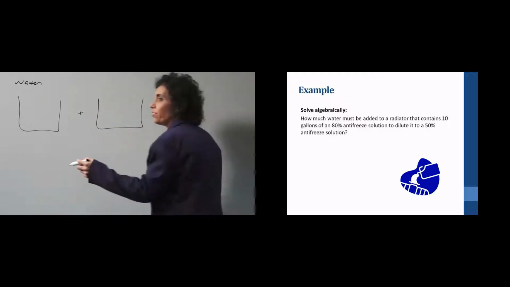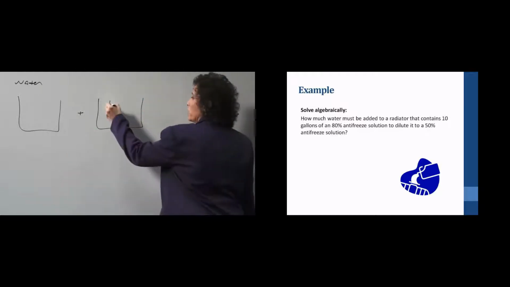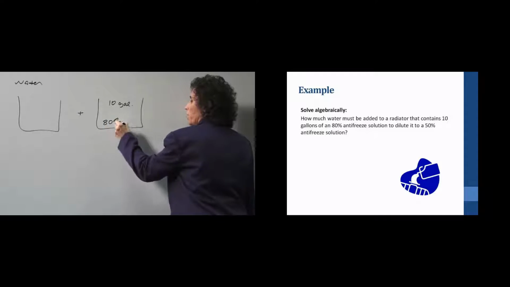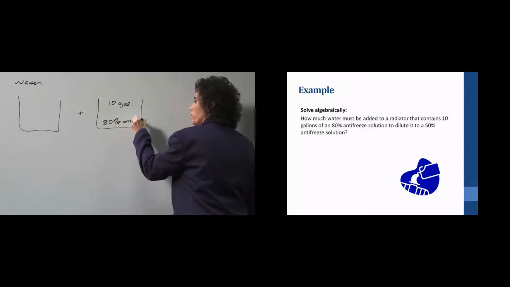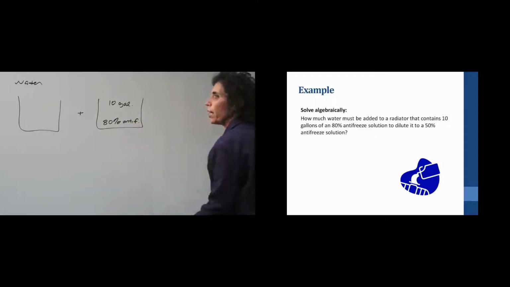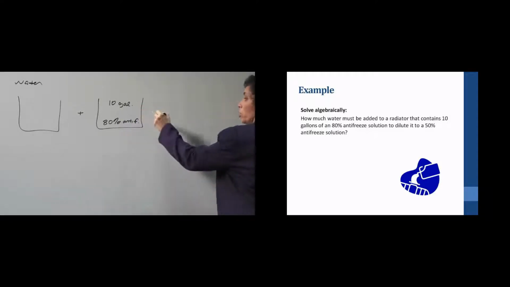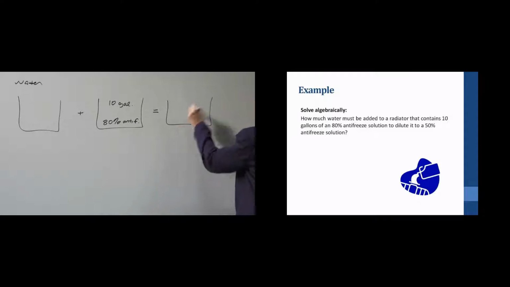Okay, so added to the radiator that contains 10 gallons of an 80% antifreeze solution, okay, to dilute it to this, a 50% antifreeze solution.